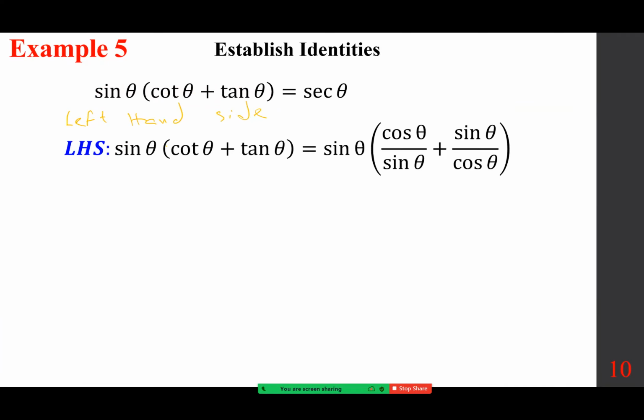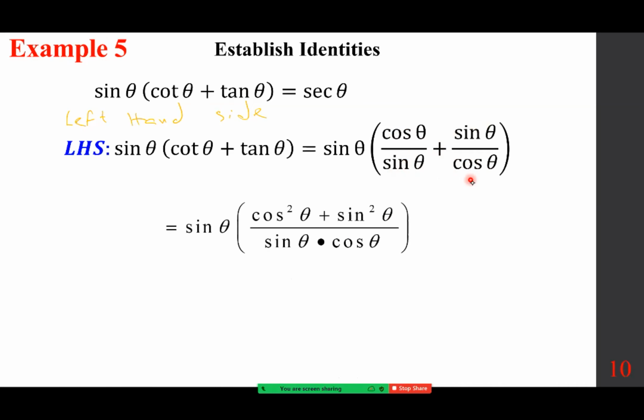And so on the right side, I can take a common denominator of sine theta, cosine theta. So inside the parentheses, sine theta, cosine theta. This one gets multiplied by this one, becomes cosine squared. This one gets multiplied by this one is sine squared. I'm assuming we can easily add up the two fractions. We know cosine squared and sine squared add up to 1.